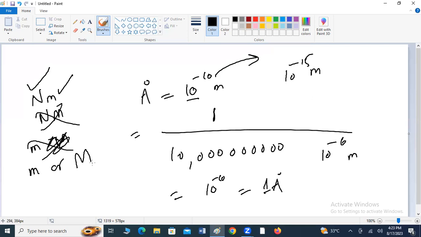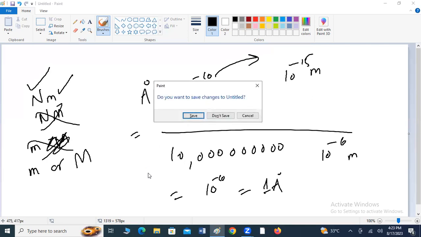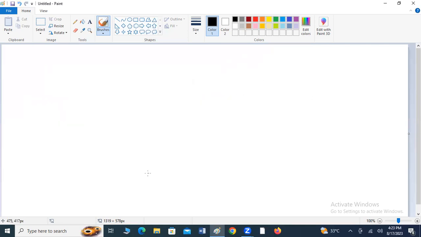Moreover, if we have two prefixes, do you know prefixes? Yes. Okay, we have already discussed those like micro, nano. All these are prefixes. So he says that you cannot write two prefixes in combined form like micro nanometer with a unit.